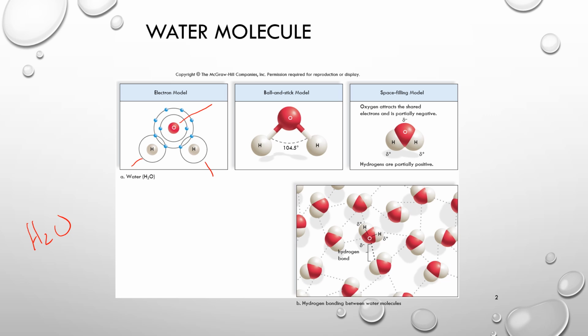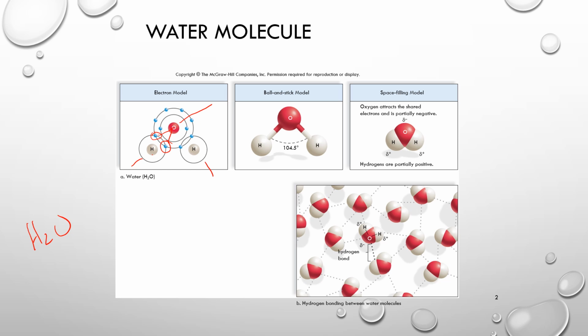But since the oxygen has so many more protons, it attracts the electrons closer to the oxygen atom than to the hydrogen atom. So again, it's kind of like a tug of war. These electrons are being shared, but they're not being shared equally, so they're actually closer to the oxygen than they are to the hydrogen.